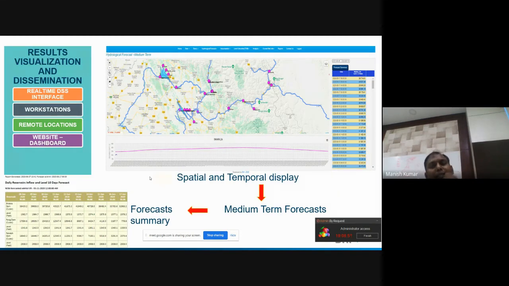So what we did is we created an RTDSS system there. For the Tibet region we used satellite based precipitation, that is GPM data, and we calibrated this complete catchment at the Khab location, which is basically the starting point in the Indian region.